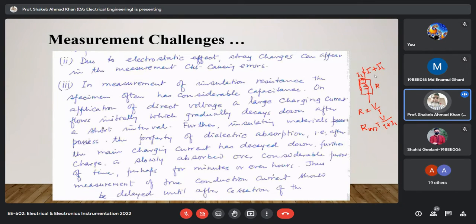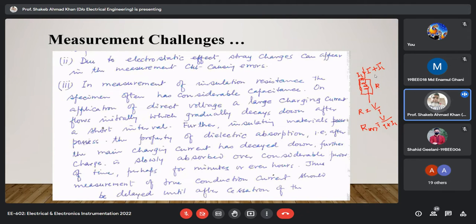As far as charging current and dielectric absorption current are concerned, we are required to wait for some time after energizing the circuit, so that they subside. Then finally your leakage current remains, and we require a special method to take care of it. We don't want that leakage.